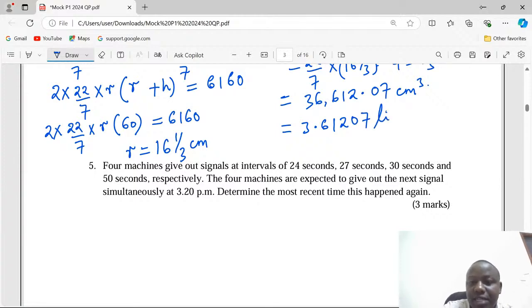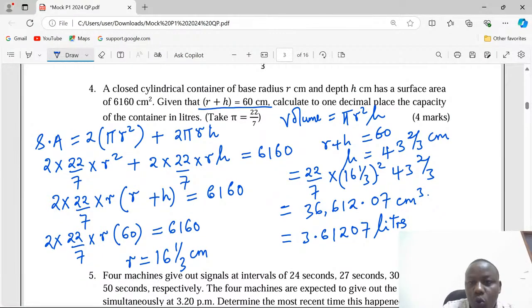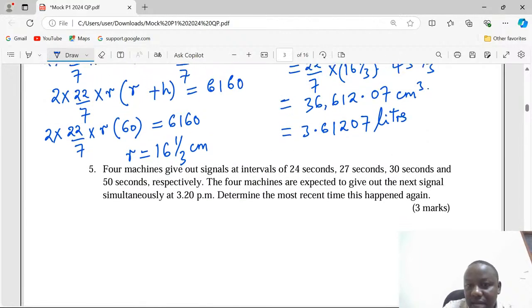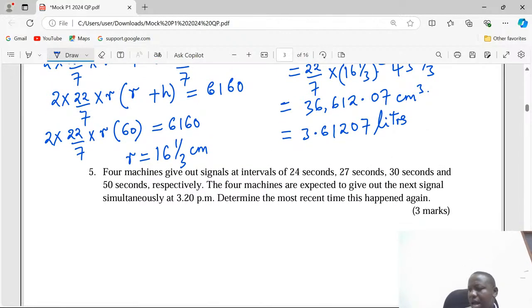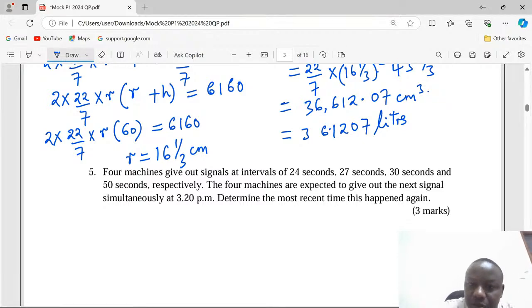Sorry, we are dividing by 1,000, so it is 36.612 liters, which means to 1 decimal place it will be 36.6 liters.